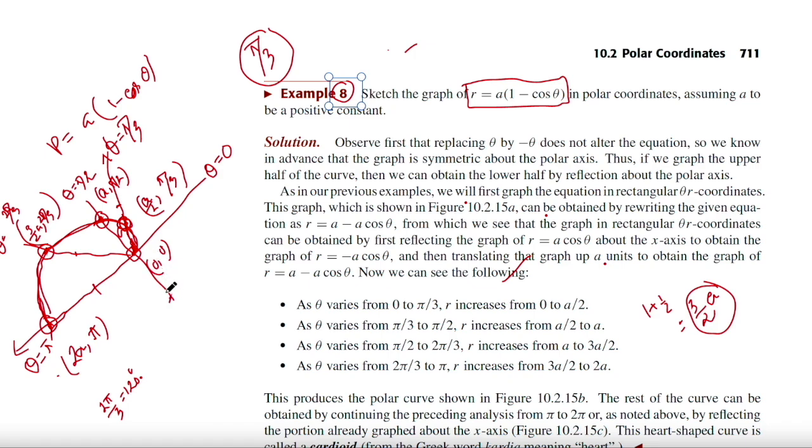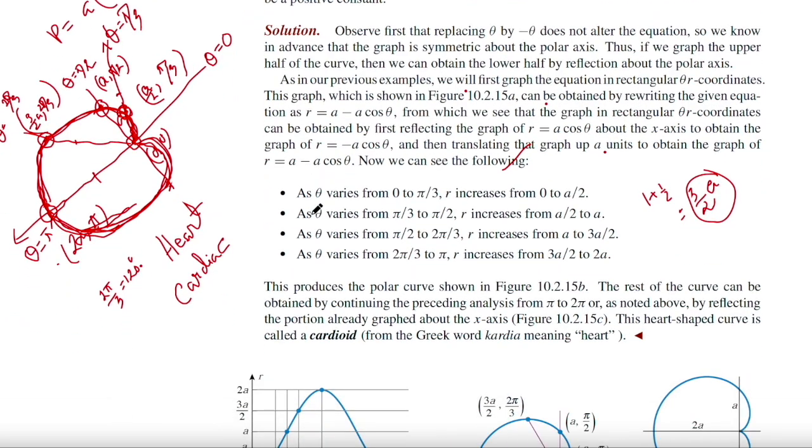Yes, sir. So when you can sketch the upper half of the x-axis, you can easily understand that the lower half will be like this. Lower half will be like this. So you see the graph looks like a cardioid, heart shape. The graph looks like a heart. That's why the graph is known as cardioid.